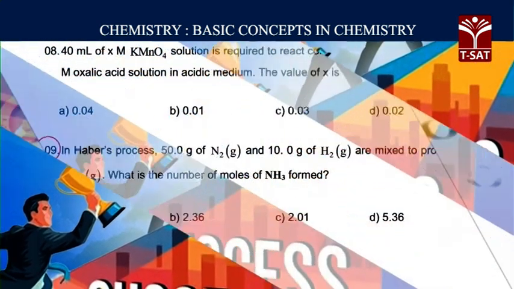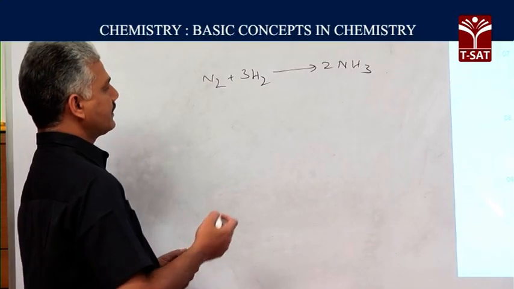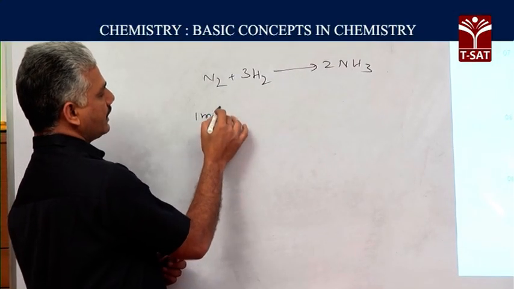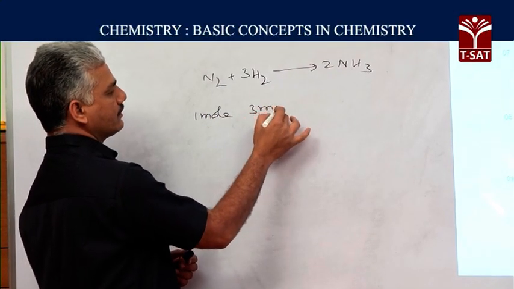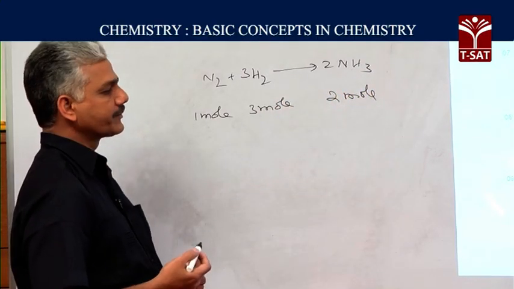In Haber's process, 50 grams of nitrogen and 10 grams of hydrogen are mixed to produce ammonia. What is the number of moles of ammonia formed? As per the balanced equation, 1 mole of nitrogen can react with 3 moles of hydrogen to give 2 moles of ammonia.